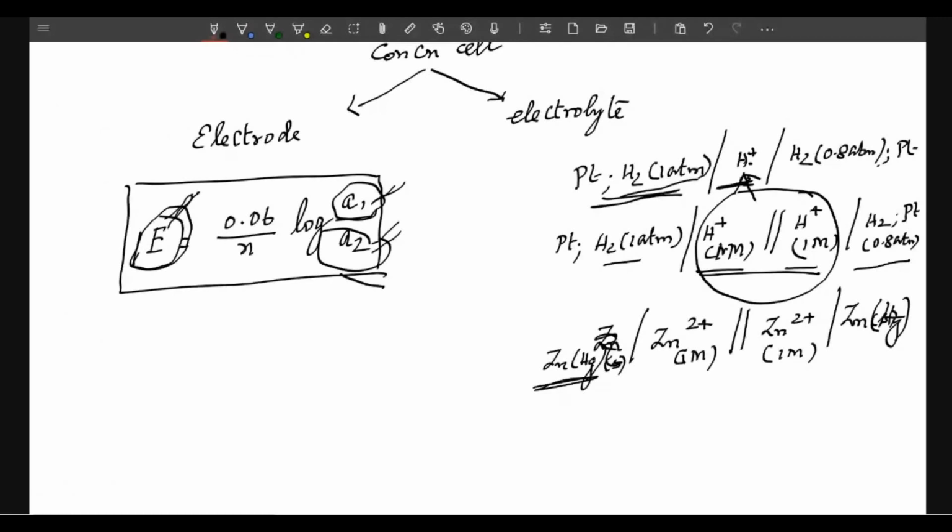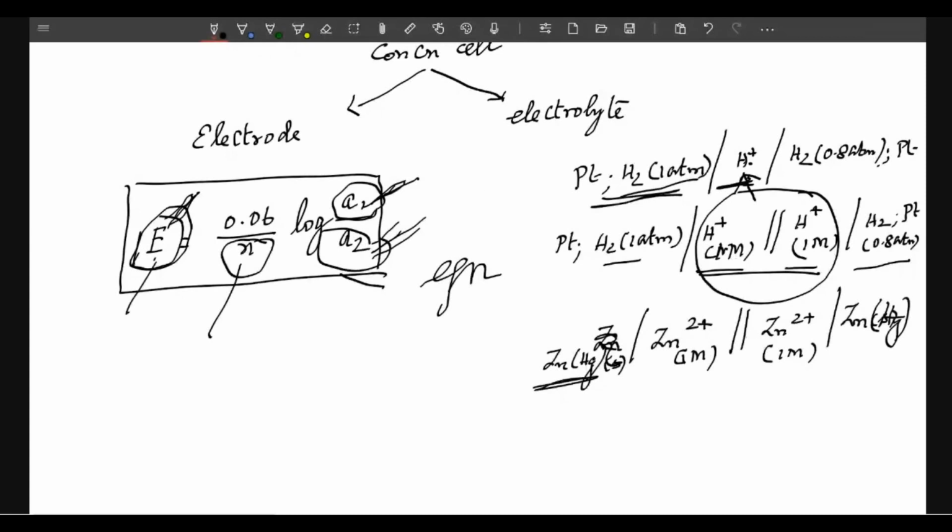Tell me, there are only 4 variables: E, n, A1, A2. Any one thing would be asked. Generally, if the equation is given, they won't give you n, you have to calculate. Then A1, A2 would be given, E can be calculated.